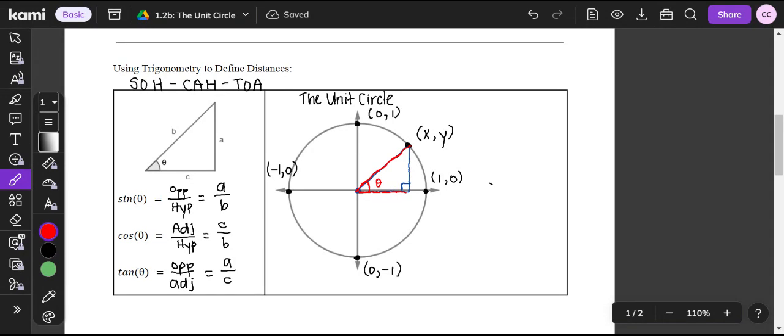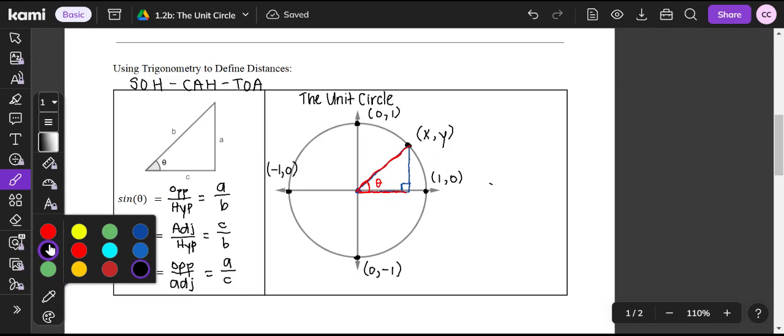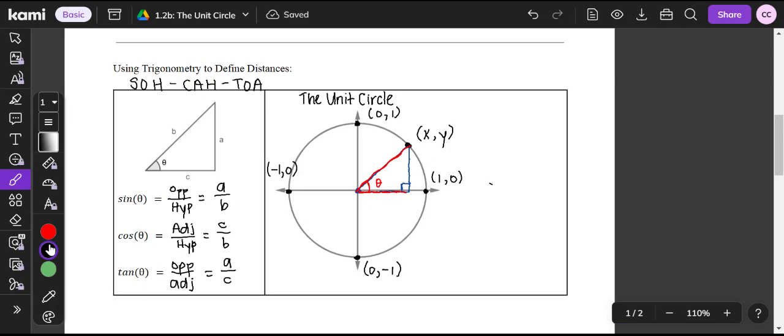All right, now I can use these same ratios to help me figure out what x and y are based on whatever that angle is. So if I'm thinking about just this x coordinate, what leg of this triangle would represent the x coordinate? Well, I know x moves from left to right, so this leg of the triangle down here must be my x distance.